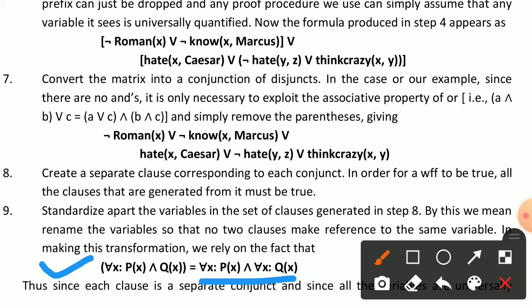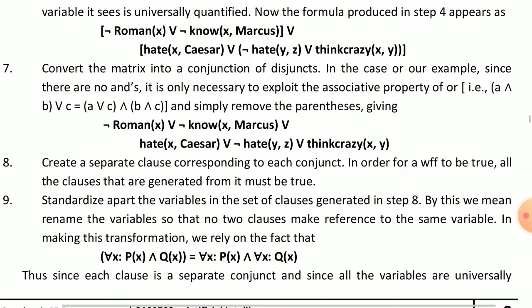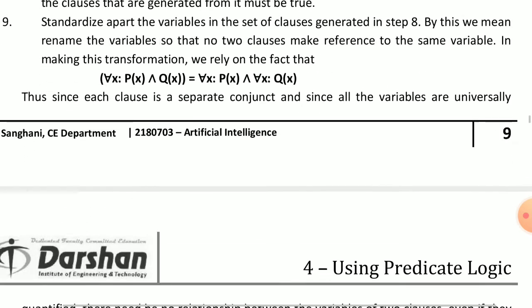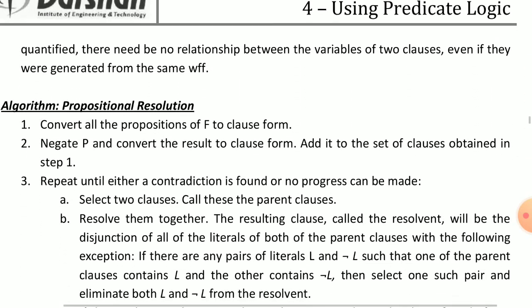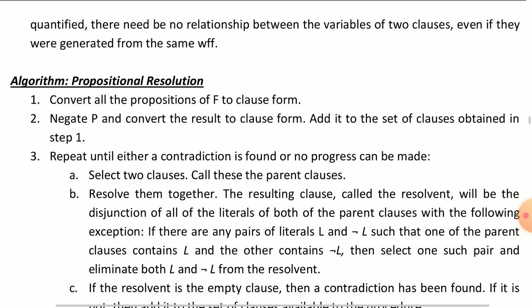Okay, and written like this. Now each clause is a separate conjunct, and since all the variables are universally quantified, there need be no relationship between the variables of two clauses. Variables are independent, so clauses are also independent. Okay, so they are generated from the same well formed formula.